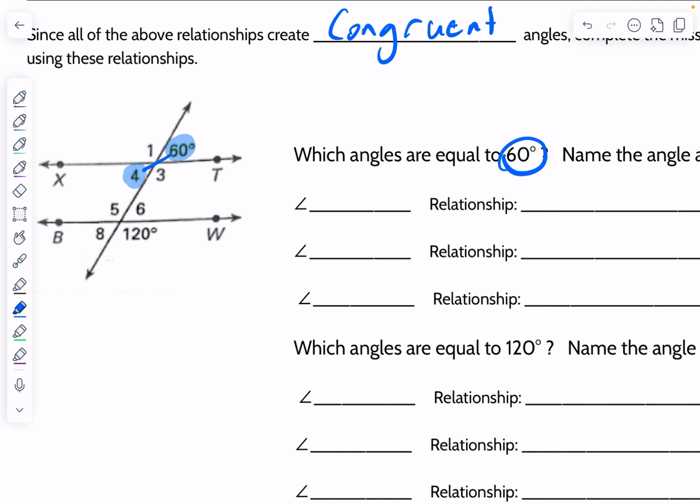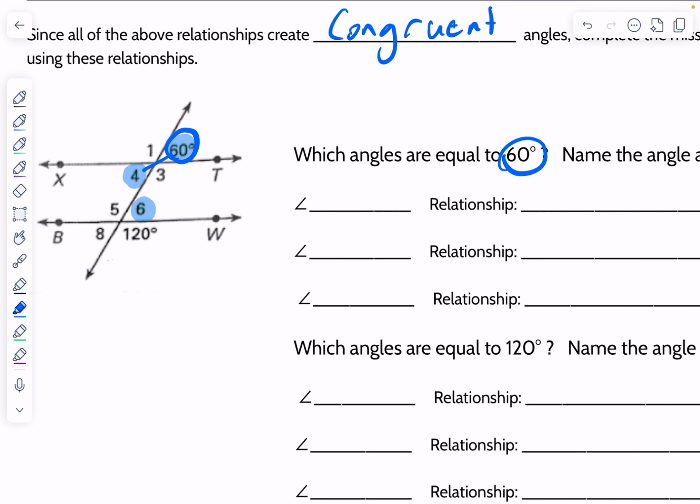Okay, so our next angle relationship is the corresponding angles. Now if we go back to our original 60 degrees, we're 60 degrees at this angle. Where would it be on the other parallel line? It would be at 6.